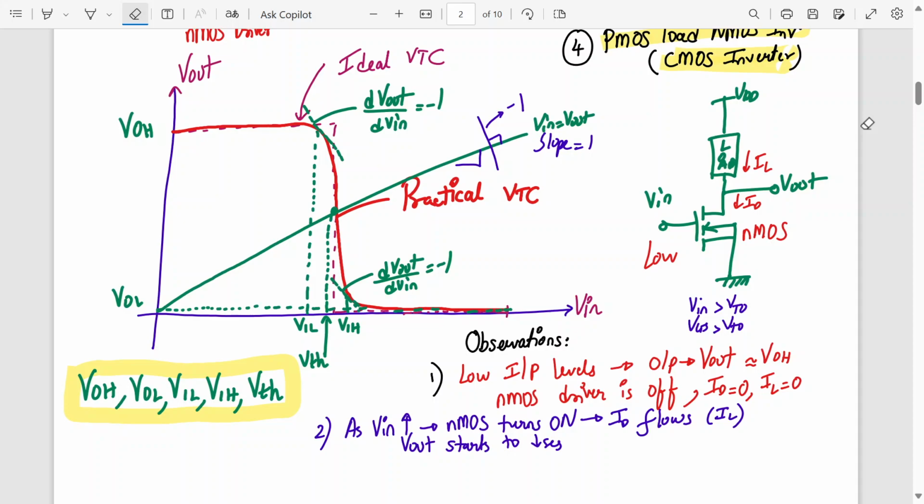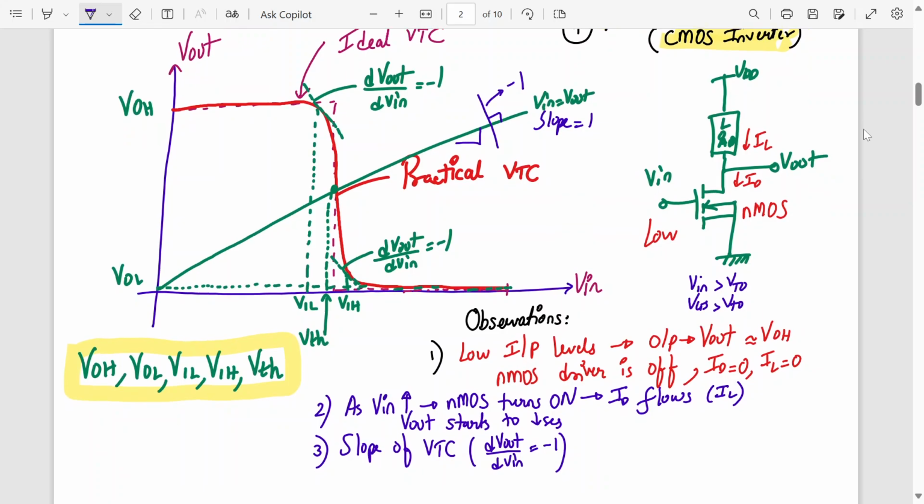Okay, so here, whenever the slope of the VTC curve, what is the slope of the VTC curve? dVout by dVin becomes equal to -1, the smaller input voltage which satisfies this equation number 1 is called VIL, which is called input low voltage.